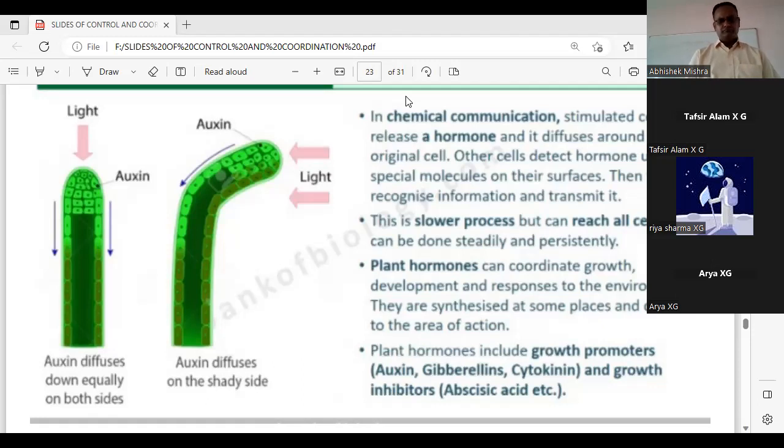In the first picture, the light comes from the upward side, the oxygen diffuses down equally on both sides. And in the second picture, the light comes from sideways, the oxygen diffuses on the shady side. Okay, very good. So maximum of you have answered these questions well.